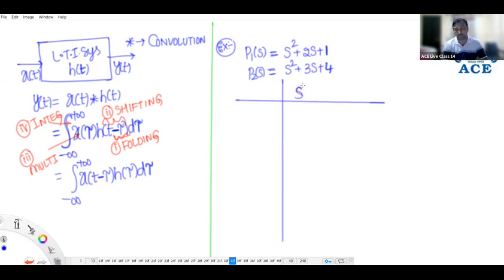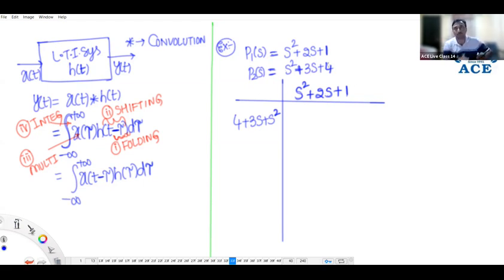In convolution, one signal remains the same, the other signal is folded and shifted. I am taking the first polynomial as it is. I take the folded version of the second polynomial. What is the folded version of the second polynomial? 1, 3, 4 samples.